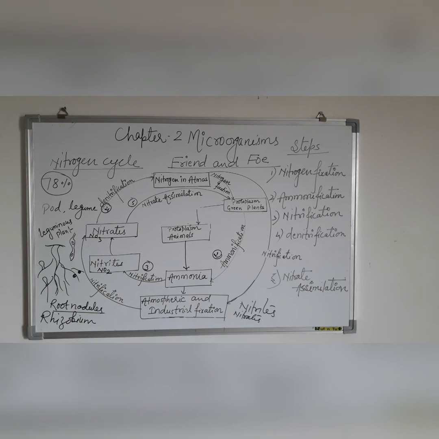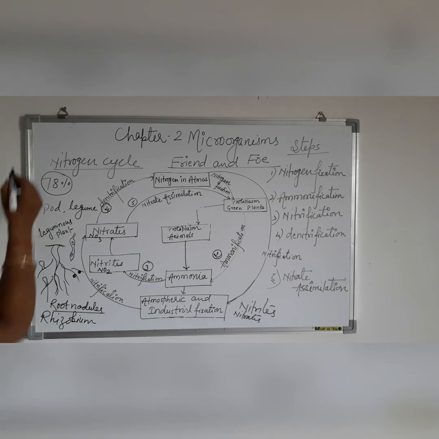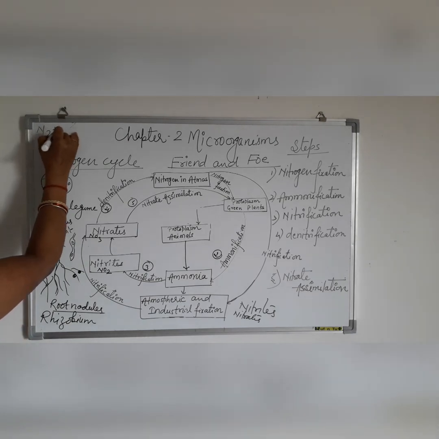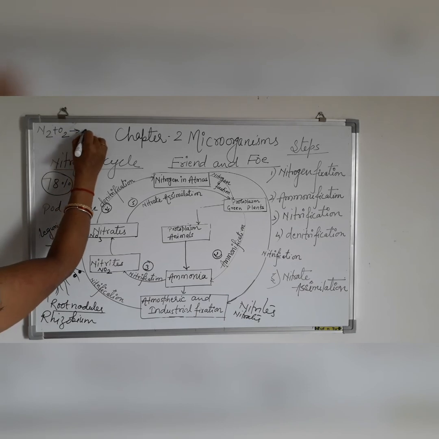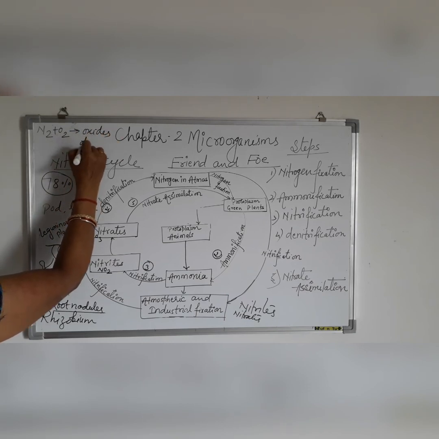So I will tell you what is atmospheric fixation of nitrogen. What happens is, in the presence of lightning, electric storms and high energy UV rays, a small amount of nitrogen which is present in the atmosphere combines with oxygen. As we know, oxygen is 21 percent. Nitrogen combines with oxygen to form oxides of nitrogen.